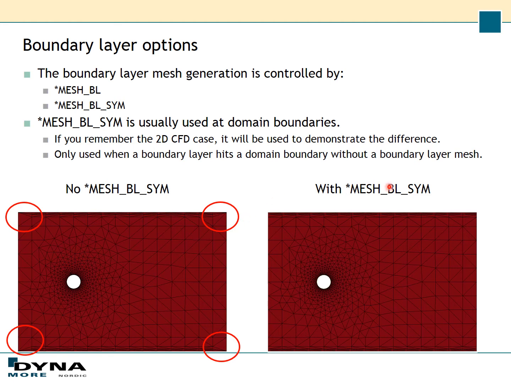But if you use this keyword, the boundary layer will propagate with the same direction out to that boundary. And this keyword is used at domain boundaries that don't have a boundary layer mesh.